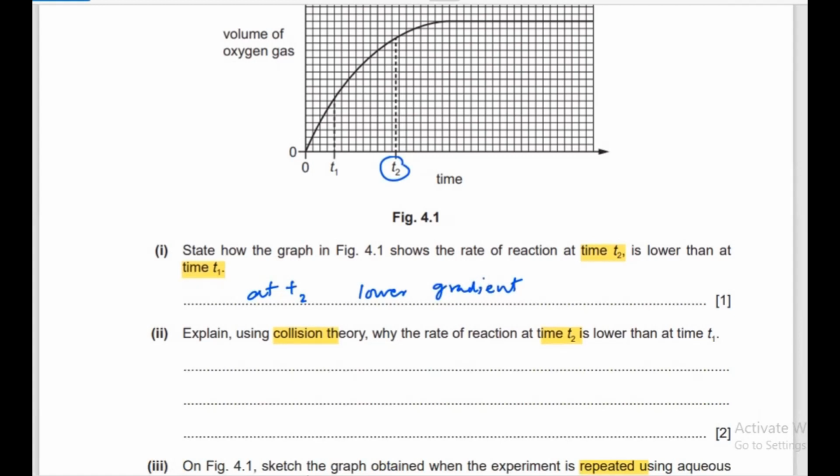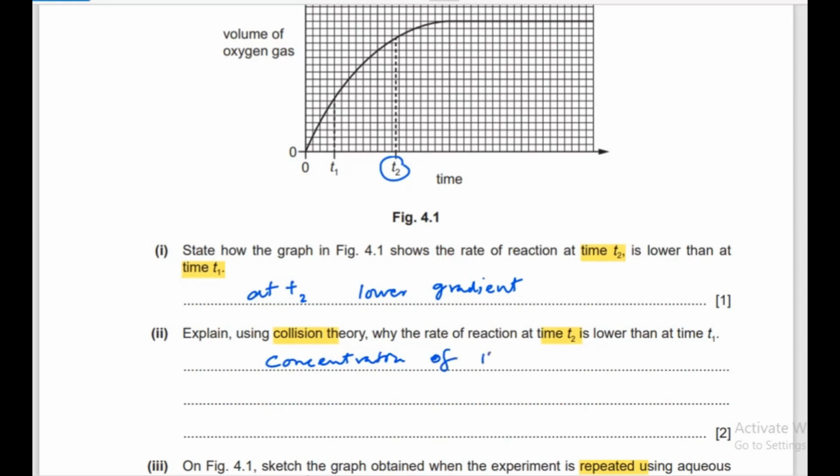Explain using collision theory why the rate of the reaction at time T2 is lower than that at T1. As our reactant is hydrogen peroxide, when the time passes, the concentration of hydrogen peroxide particles decreases. If there are more particles, there are more frequent collisions, and if there are fewer particles, definitely the frequency of collisions will start decreasing. At the start, the concentration of hydrogen peroxide is maximum.